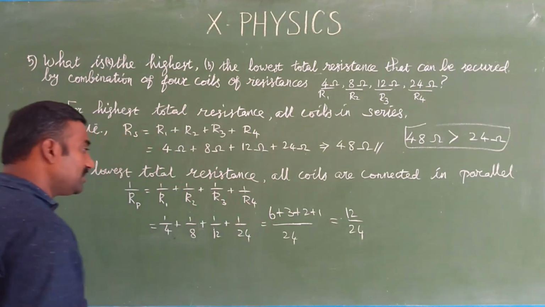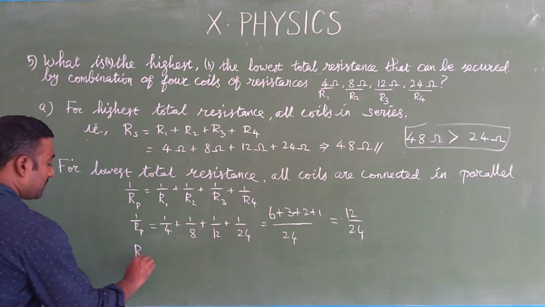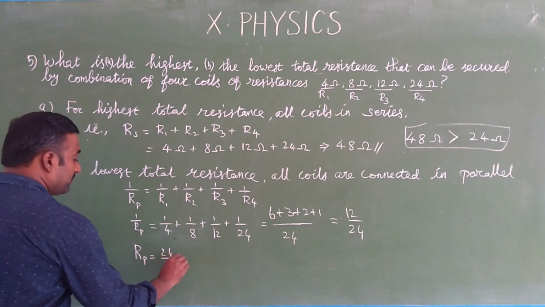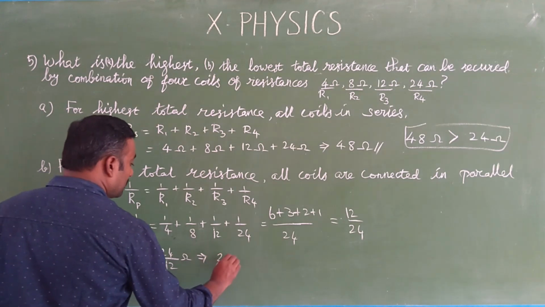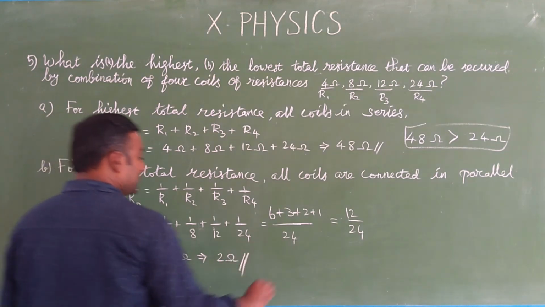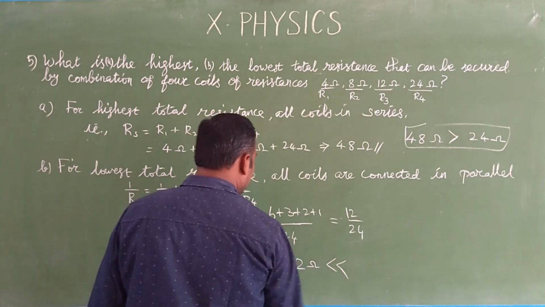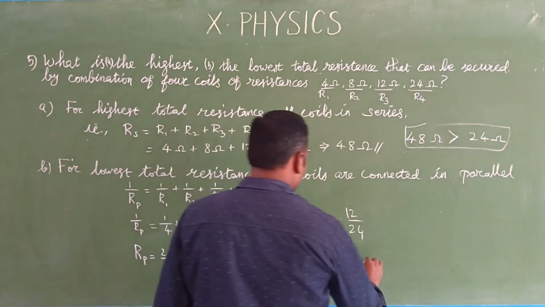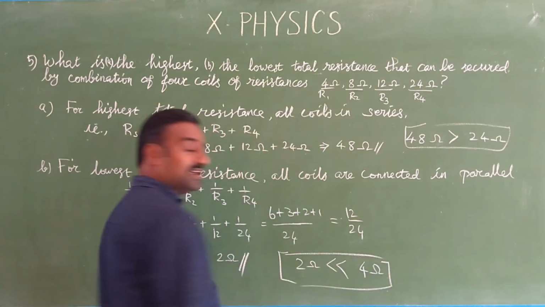So 1 by Rp is equal to 12 by 24. So Rp is equal to 24 by 12 ohm, which is equal to 2 ohm. So here the 2 ohm is less than the least value. What is the least value? 4 ohm. So this is for our reference.